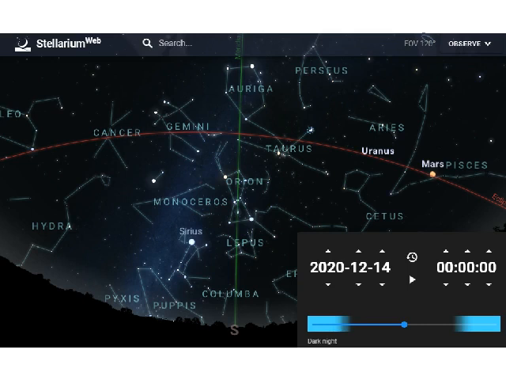So we've queued it up for 12 days before what is commonly celebrated by practicing Christians as Christmas to the date commonly called December 14th of 2020 at midnight. This is where the 12 days of Christmas comes from. And this is also a time of year in the Northern Hemisphere that is also 7 days from the winter solstice.